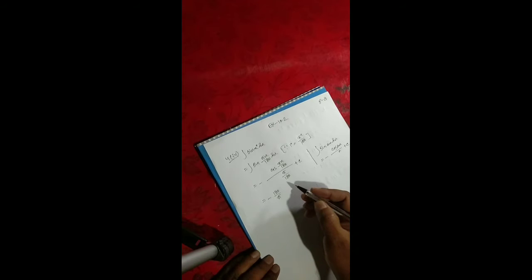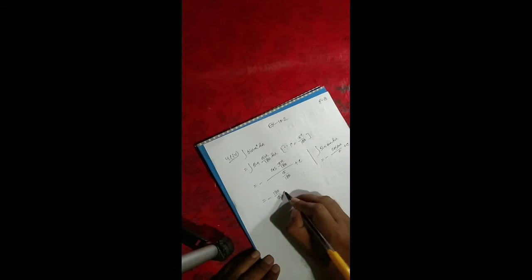Now if we calculate it, minus 180 by pi cos pi x by 180 plus c. This is the answer, and it is same as the H.S.C. Math.